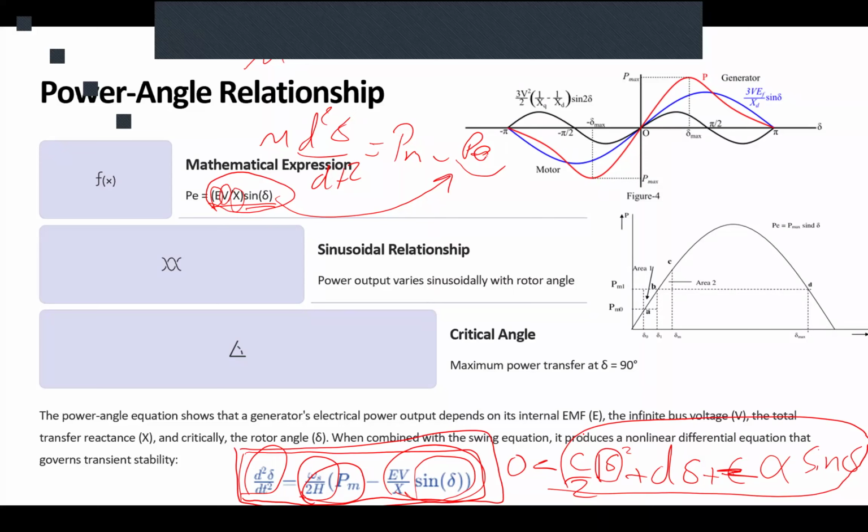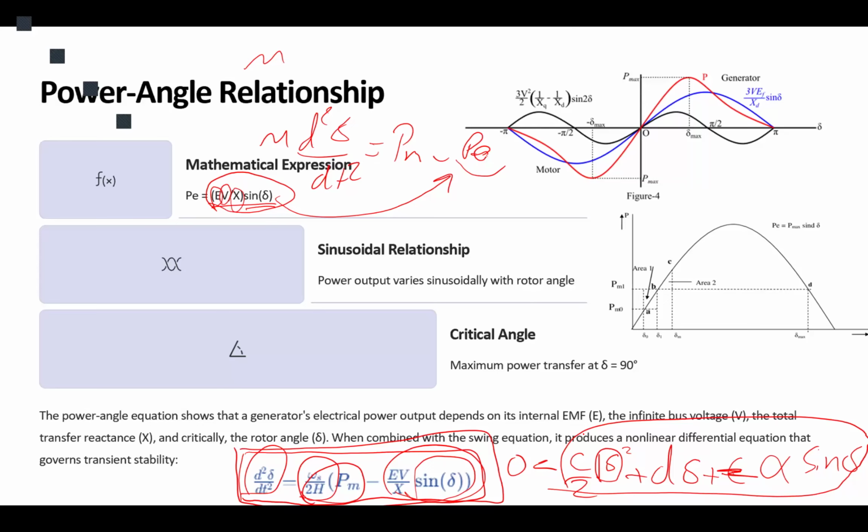Because if the delta varies too much, then we are going to get out of that curve and the system could not come back to meet the power balance. Are we good so far? Any question?